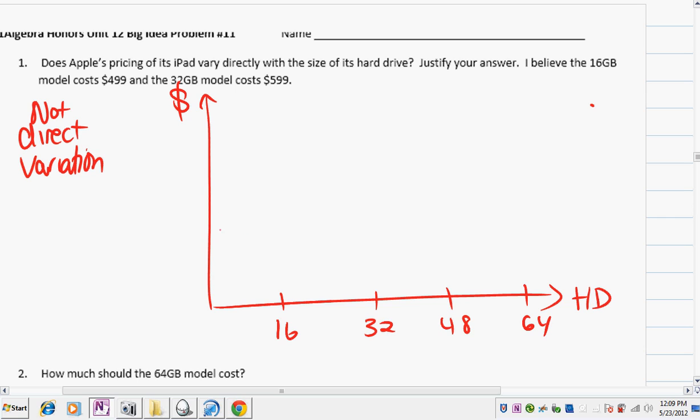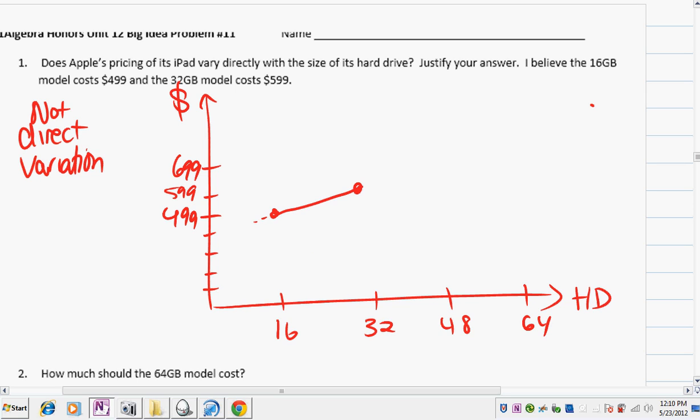And the cost goes from $499 to $599, $699. So we have this point, and we have this point.